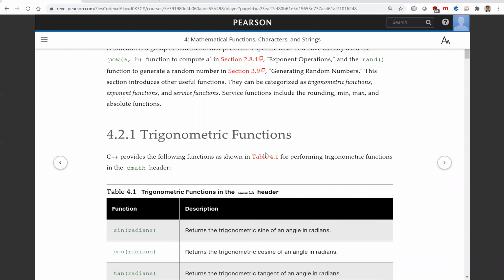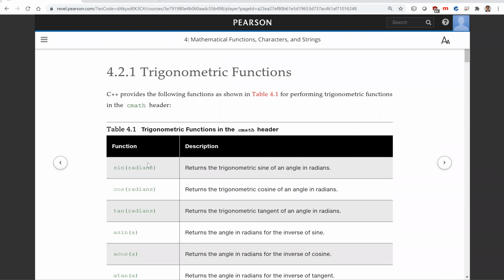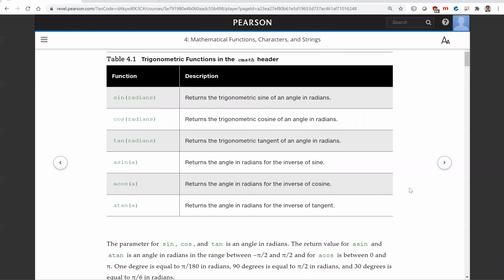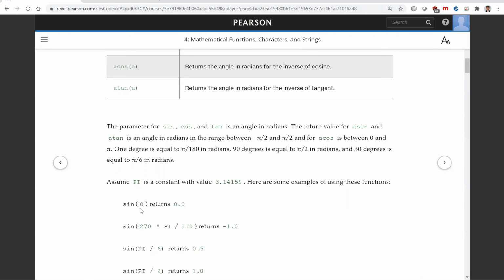Those are the trigonometric functions: sine, cosine, tan, asin, acos, atan. All the arguments are in radians. For example, sine 0 returns 0.